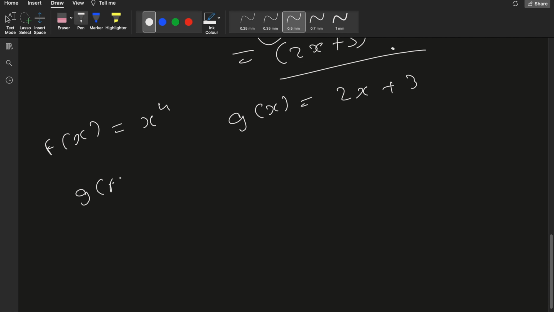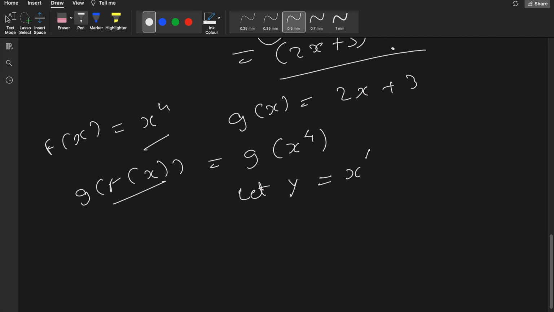Let's find g of f of x. This would be g of this value, which is x to the power of 4. For your convenience, I will just write let y equals x to the power of 4.